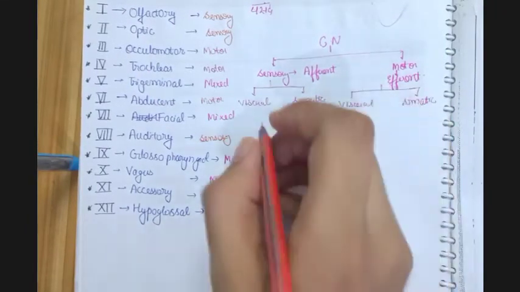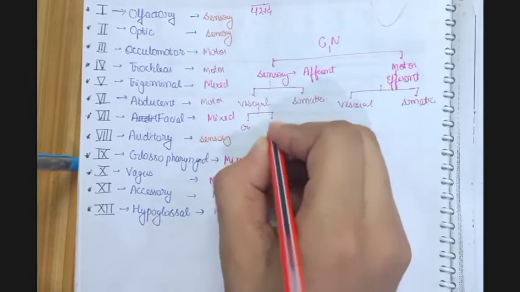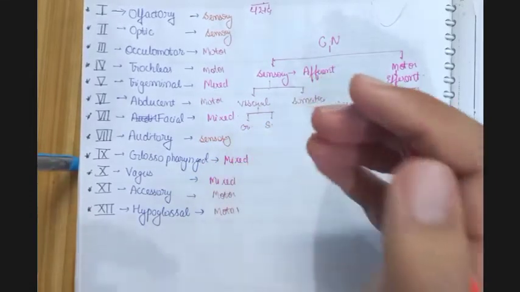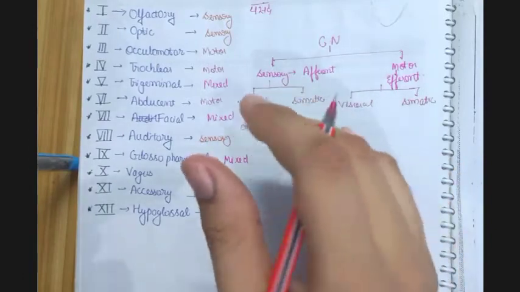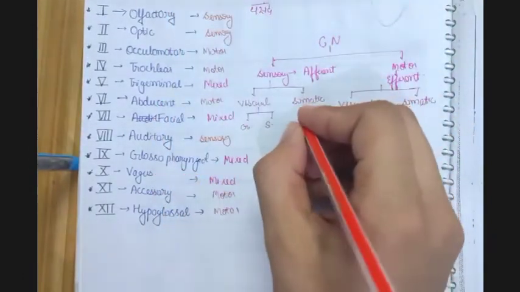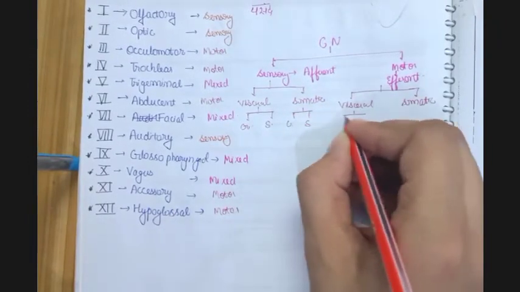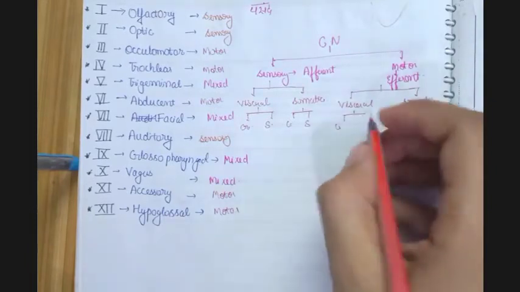In the visceral also we have general and special. Special means the special 5 senses, and general means normal touch and pain of the viscera, and in the somatic also we again have general and special, and so on.